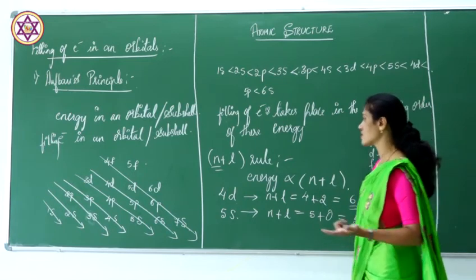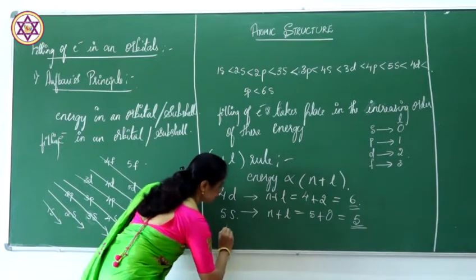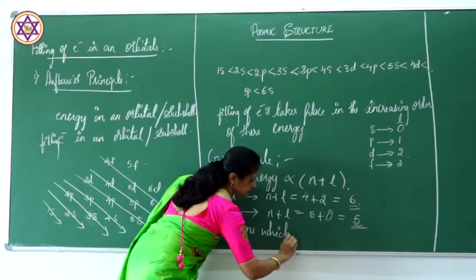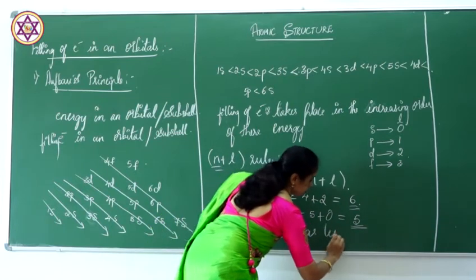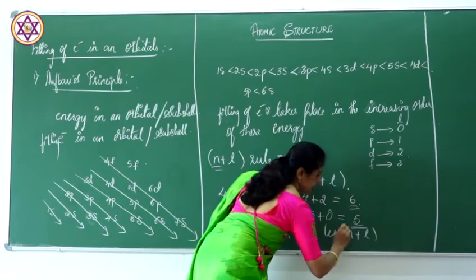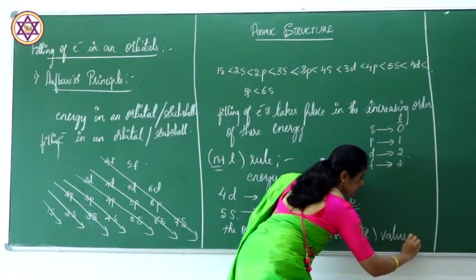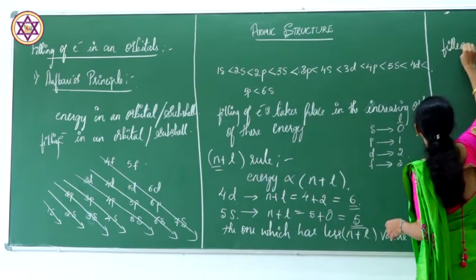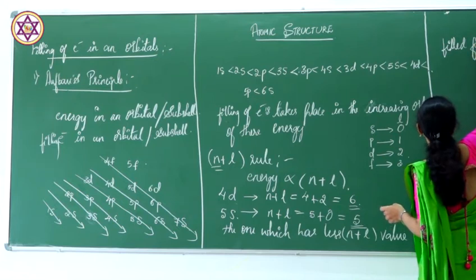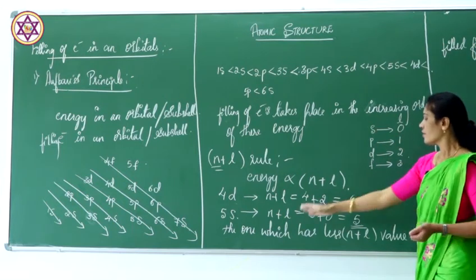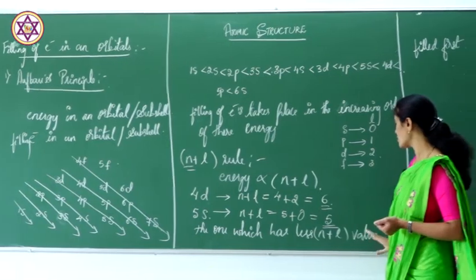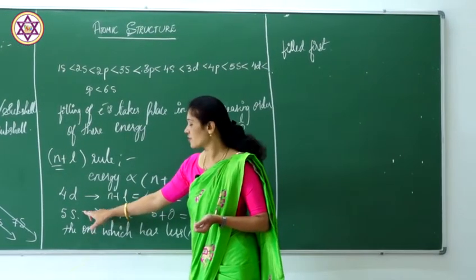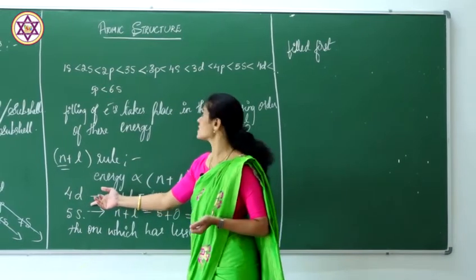So first the 5s subshell fills, then the filling of the 4d subshell takes place.